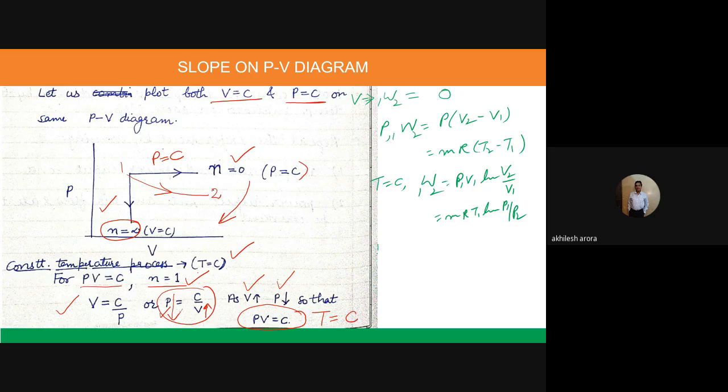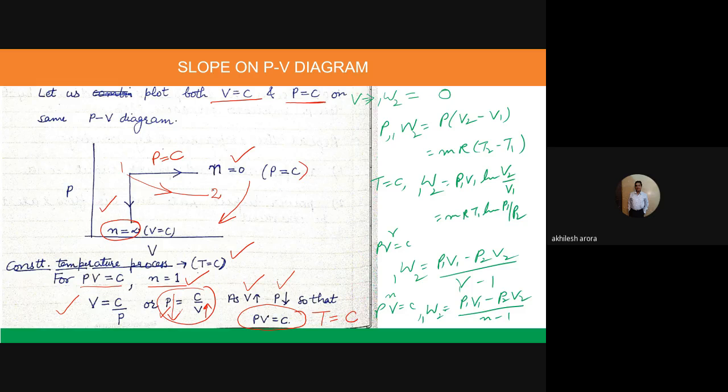When I say PV raised to power gamma is equal to constant, the value of work transfer is equal to P1 V1 minus P2 V2 divided by gamma minus 1. If I take PV raised to power n is equal to constant, then the value of W1 to 2 comes out to be P1 V1 minus P2 V2 divided by n minus 1.